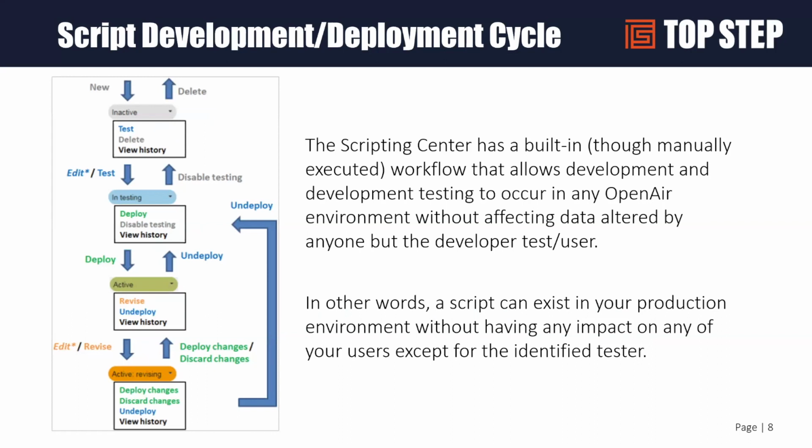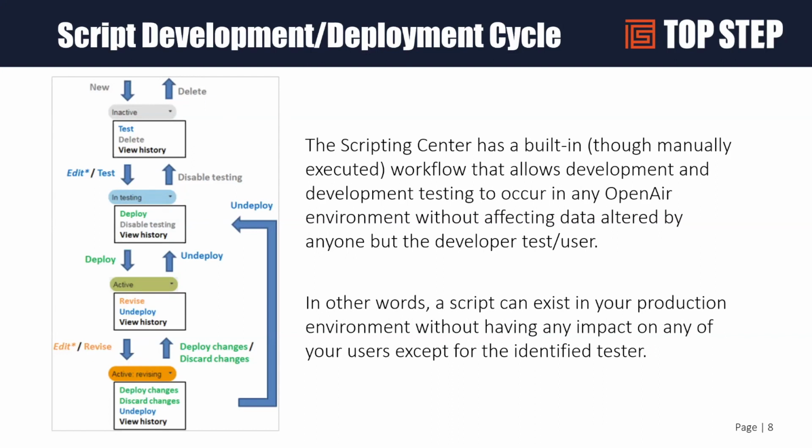This is how OpenAir intends the development cycle to function within that scripting center. It's a built-in, though manually executed workflow, that allows development and testing to occur in an OpenAir environment without affecting data altered by anybody but that user. So you can have a script in your production environment that doesn't impact anybody except for the user that you've identified as the tester.